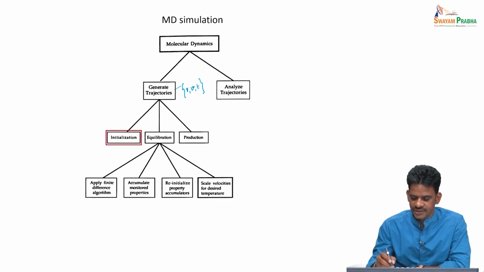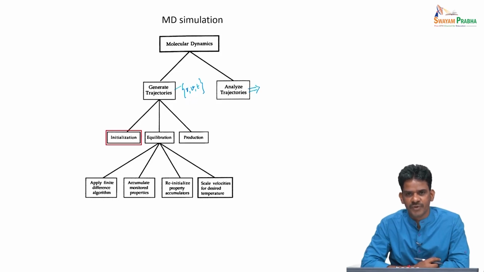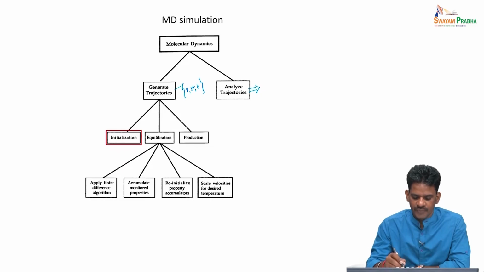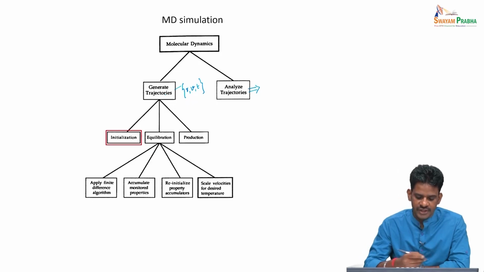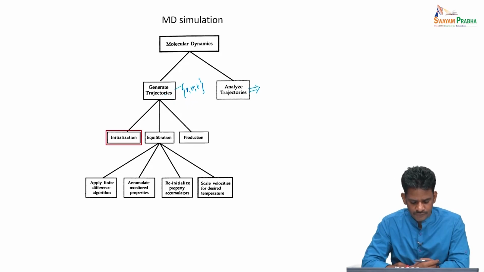Once we have these trajectories, we can analyze them to calculate thermodynamic, structural, and dynamical properties. We have looked at various means of generating these trajectories, which are nothing but solving the equations of motion using some discrete methods. The generation of the trajectory itself involves many other steps.